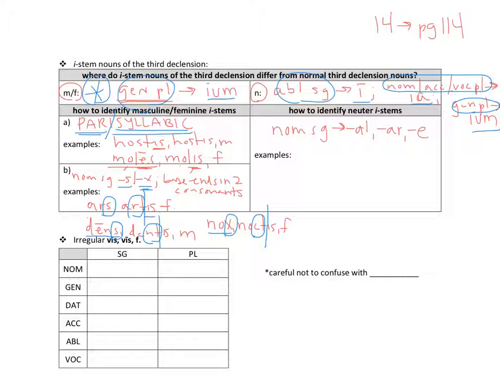But anyway, some examples that it has listed right here is animal. So see the AL right there? That signifies that this is indeed going to be an I stem noun. So animal, animalis, I'm not going to write the whole thing out, neuter. The other example we have right here is exemplar, exemplaris, neuter.